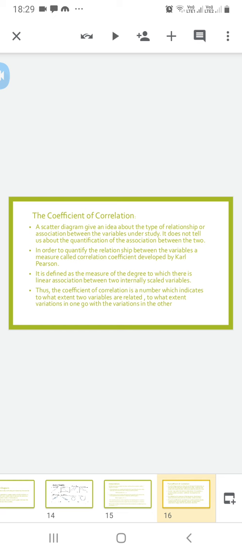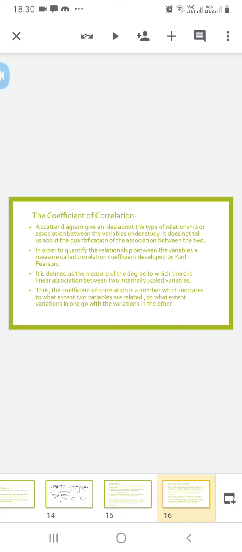The symbol r, or rxy or ryx, is denoted in this method and is calculated by r is equal to covariance of xy divided by Sx Sy. Where COV is the sample covariance between x and y. Mathematically, it is defined by covariance COV is equal to sigma (x minus x bar)(y minus y bar) divided by n minus 1.